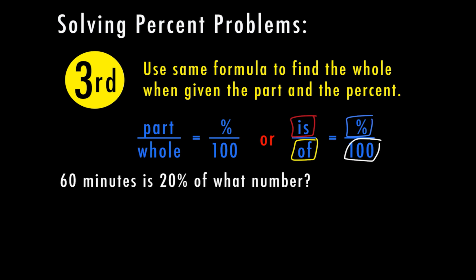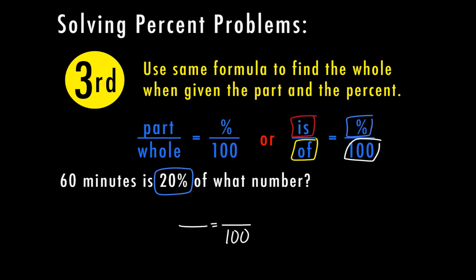60 minutes is 20% of what number? Again, this one is written a little bit different, but we can still label our parts. My percent is always going to be the number with the percent sign. If there is not a number with a percent sign, then that's what you're going to look for, is the percent.